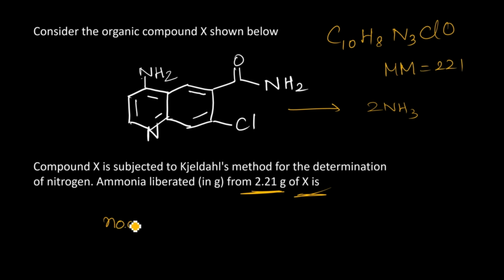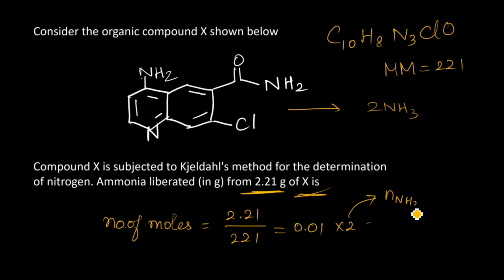So the number of moles taken is given mass by molecular mass, which will become 0.01. Here 2 moles of ammonia are produced from the amine, so it becomes 0.02.